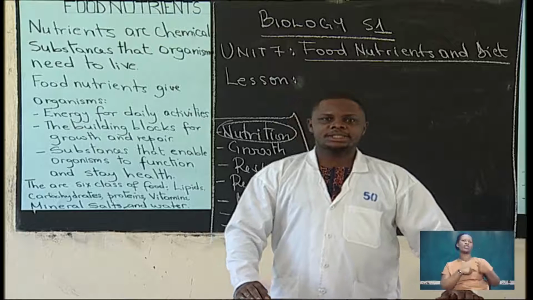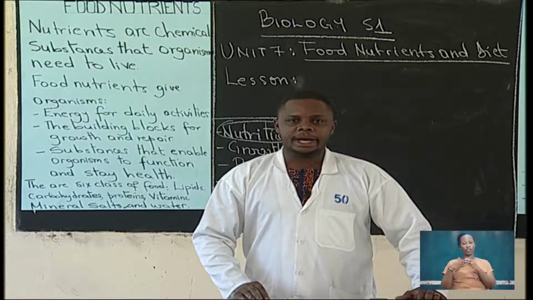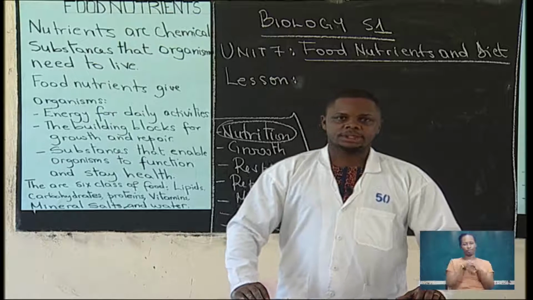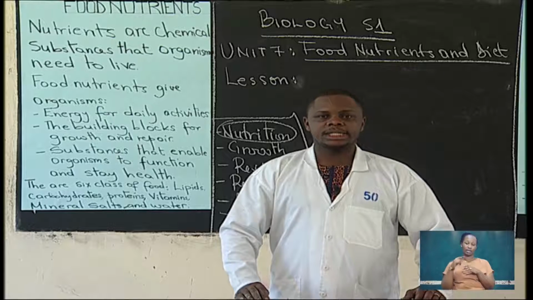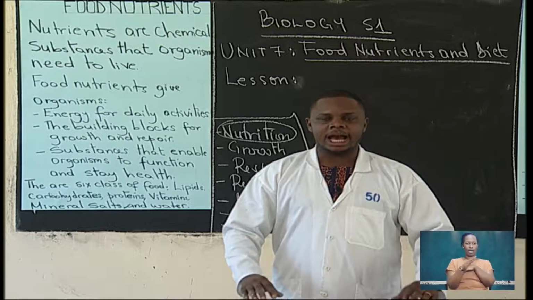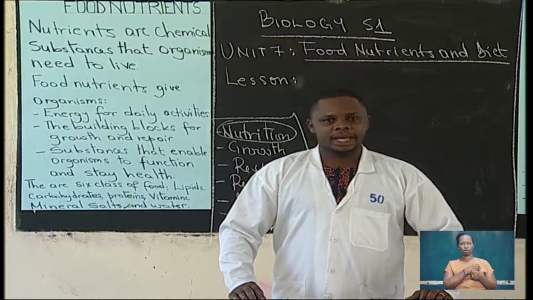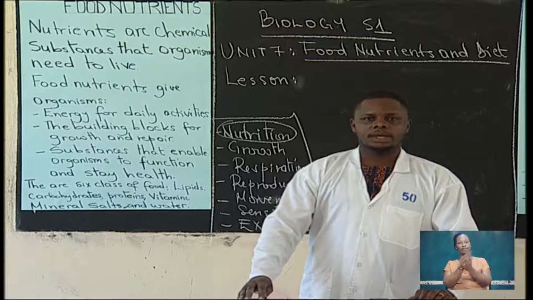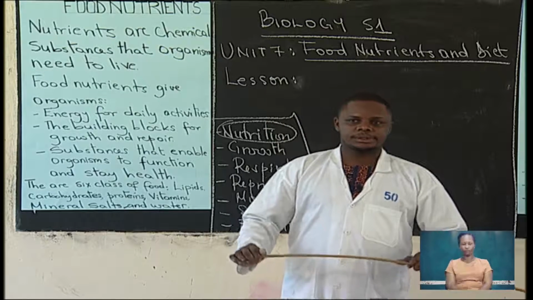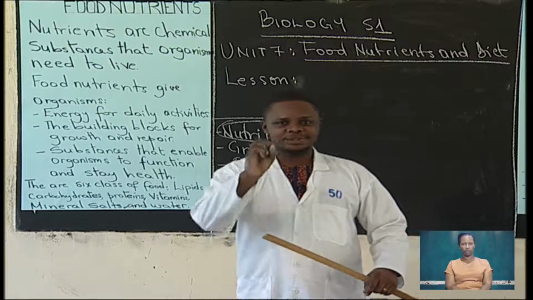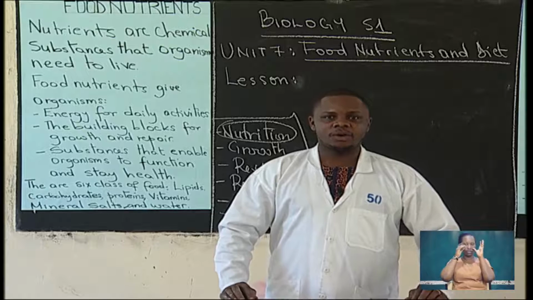The heart is a pumping organ because it pumps blood to different parts of the body. In that process of pumping blood, there is need for relaxing and contracting, which means there is need for energy. Our eyes open and close. That means muscles contract and relax. There is need for energy.